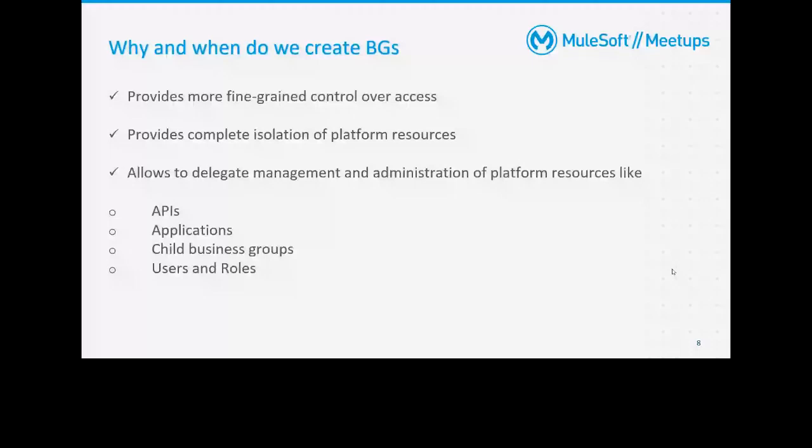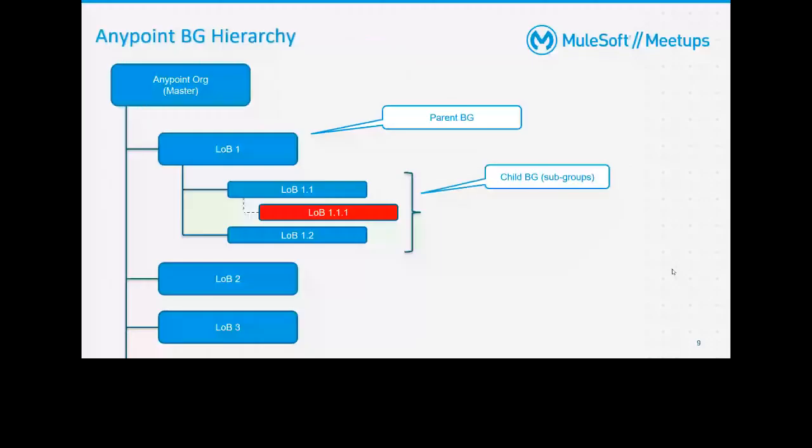So a typical hierarchy, how does it look like, the Anypoint BG hierarchy. Basically you have a master org. You can see here, this is your master org. In that case, you will have line of business 1, 2, 3. Whenever your organization comes up with the lines of business they have, it's recommended to go ahead with line of business. That will be your parent business group.